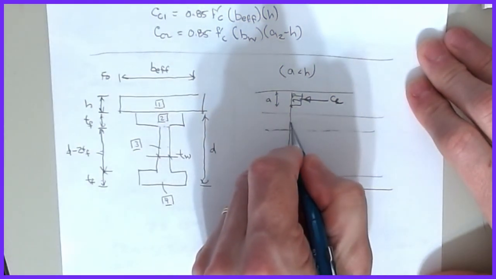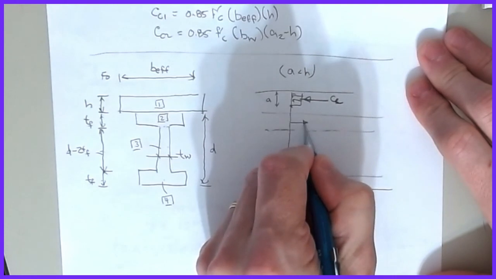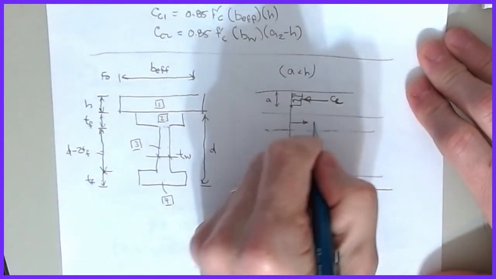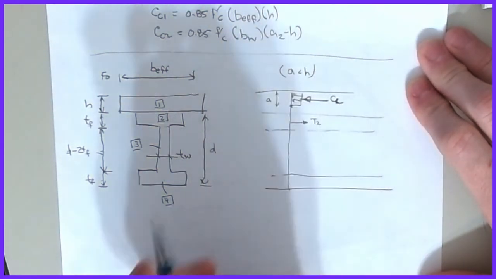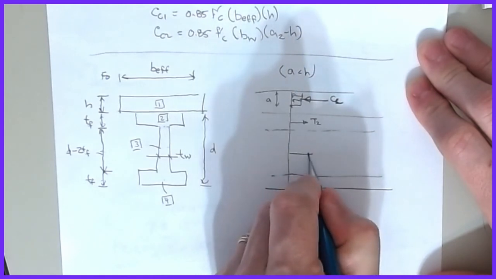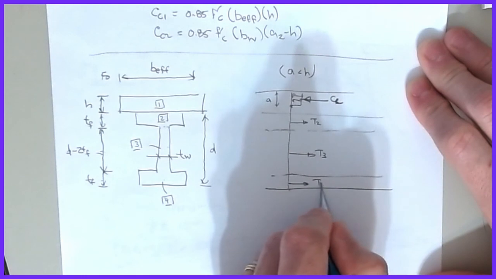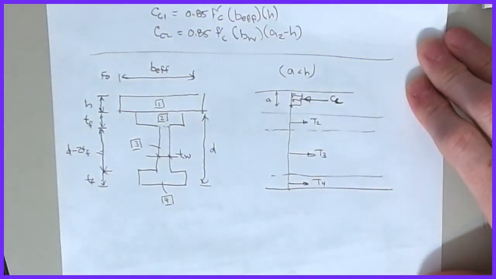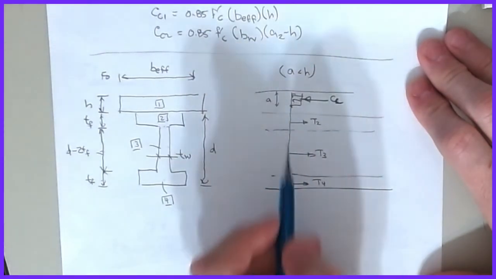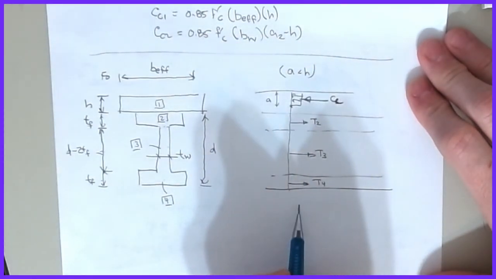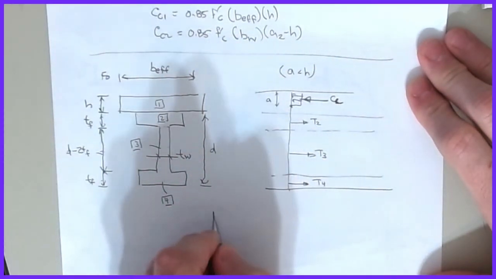And so what's going to happen is you're going to pick up a T2 here, you pick up a T3 here, and you pick up a T4 there, right? Because we just break it into regions, the flange, the web, and the bottom flange. Does that make sense?